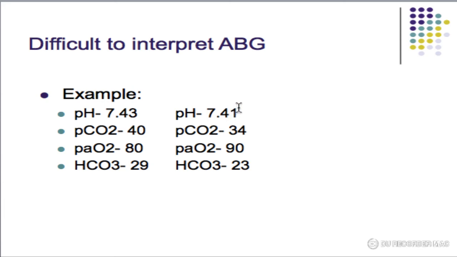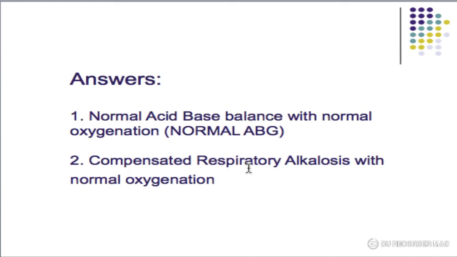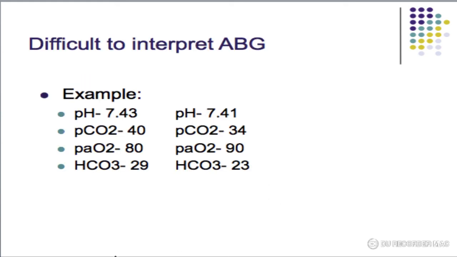Normal range siya, it's compensated, and your PCO2 is alkalosis. So these are alkalemia, alkalosis, acidosis, see bicarbonate mo. So the final interpretation will be compensated because your pH is within the range. It is compensated respiratory alkalosis with normal oxygenation because 50 at room air.